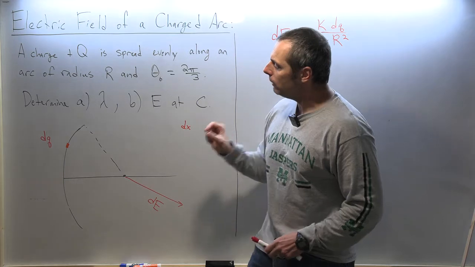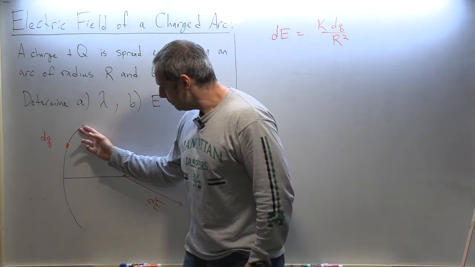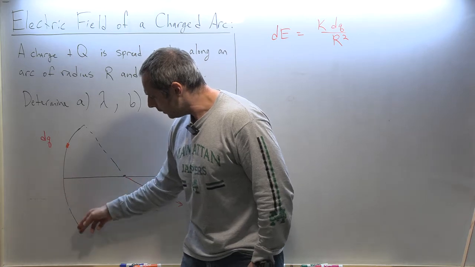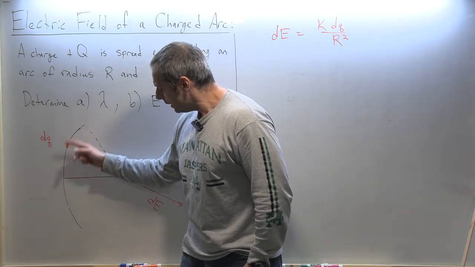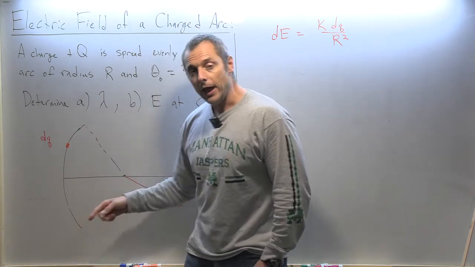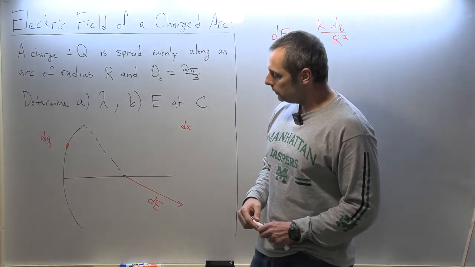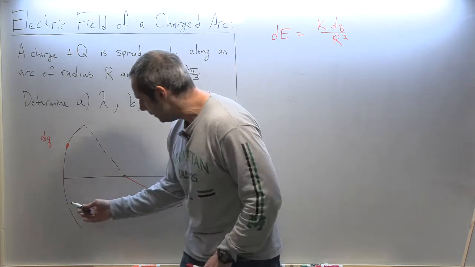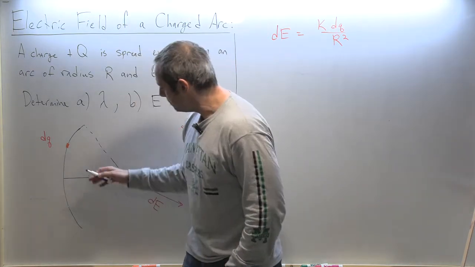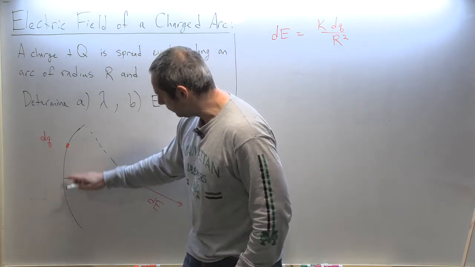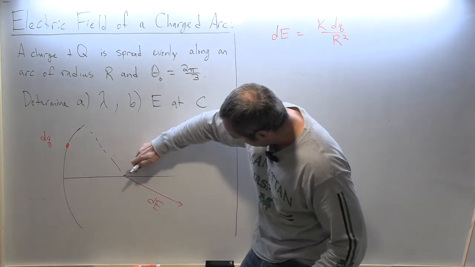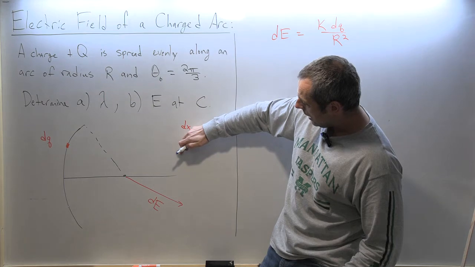So what we have to now do is add up the little bits of electric field for all pieces of this arc, starting here and ending here. As we do that, at some point we'll end up here, adding the piece of this electric field to the piece of electric field here, and this will create an electric field that points like this.